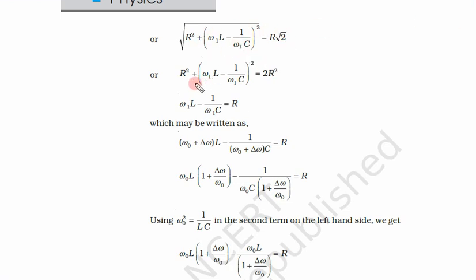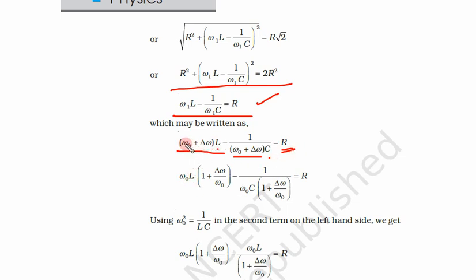So first we square both the sides, and after squaring we take all this to one side and again take the under root. After under root we get this formula: omega 1 L minus 1 upon omega 1 c must be equal to r. Then we put the value of omega 1. Omega 1 was omega 0 plus delta omega, so (omega 0 plus delta omega) L minus 1 upon (omega 0 plus delta omega) c must be equal to r.